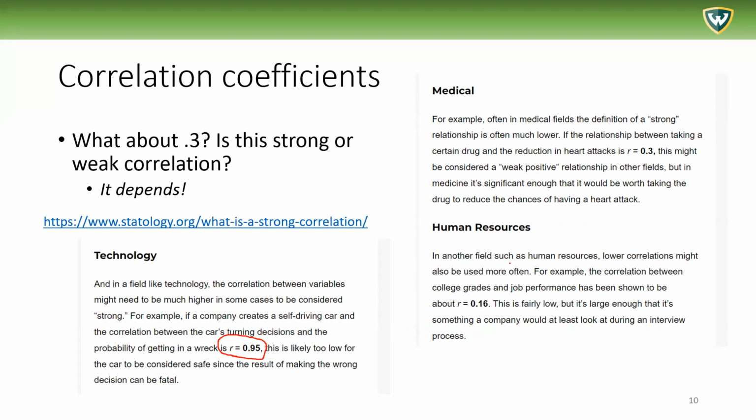Sometimes the context involves a lot of people, so even a generally considered small correlation of 0.16 would impact millions of people. So it could be sort of significant in a contextual sense.